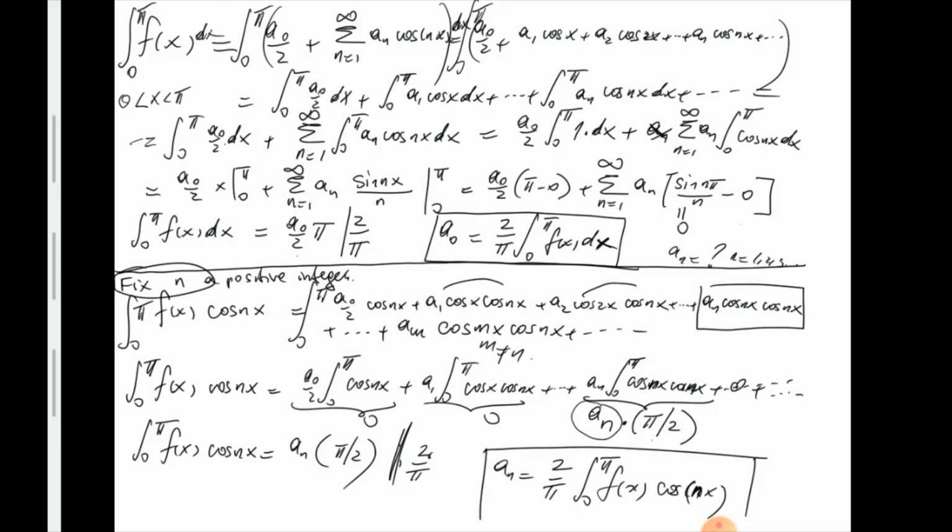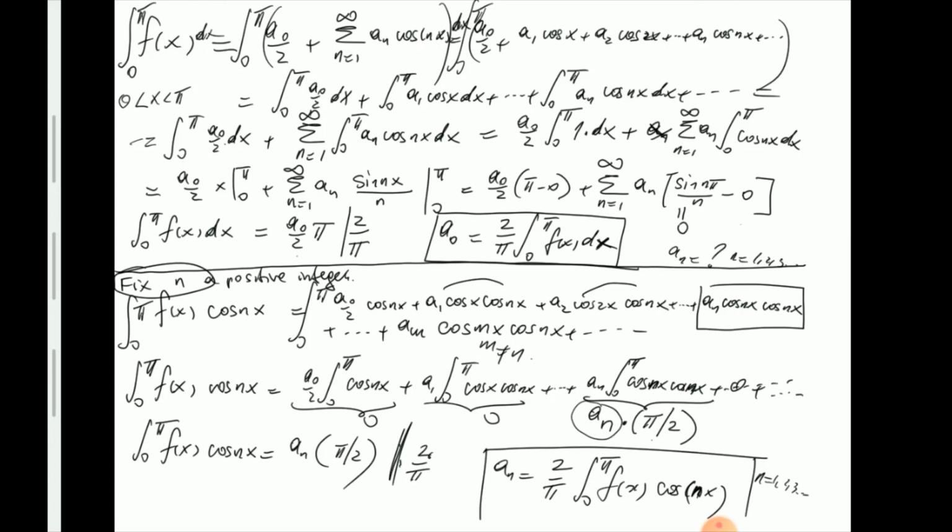But for now, let me finish before we move along, explaining why we wrote a Fourier cosine series with a naught over 2. This is just a gimmick to make the formula be the same. If you look carefully here, n in this last part is from 1, 2, 3, and so on.